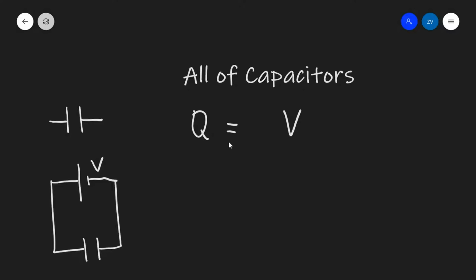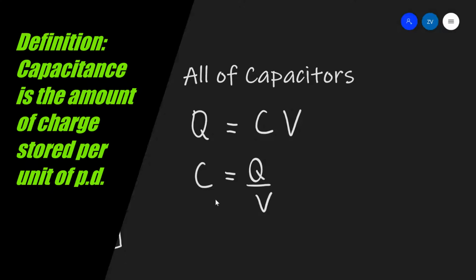The constant of proportionality between them is known as the capacitance, and it is given the symbol C. Rearranging for C, we get that C is equal to Q divided by V, and this leads us to our definition of capacitance: capacitance is the amount of charge stored per unit of potential difference.